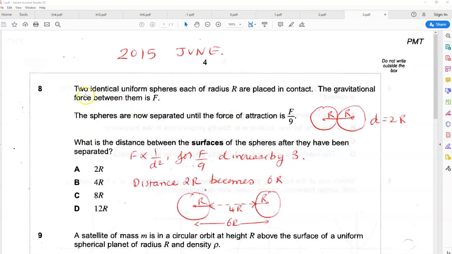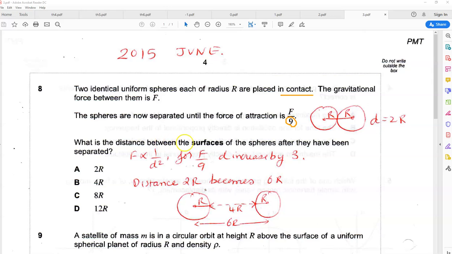Now it says two identical uniform spheres, each of radius r, are placed in contact. The gravitational force between them is F, and the spheres are now separated until the force of attraction is F by 9. So here the force is reduced by 9 times.